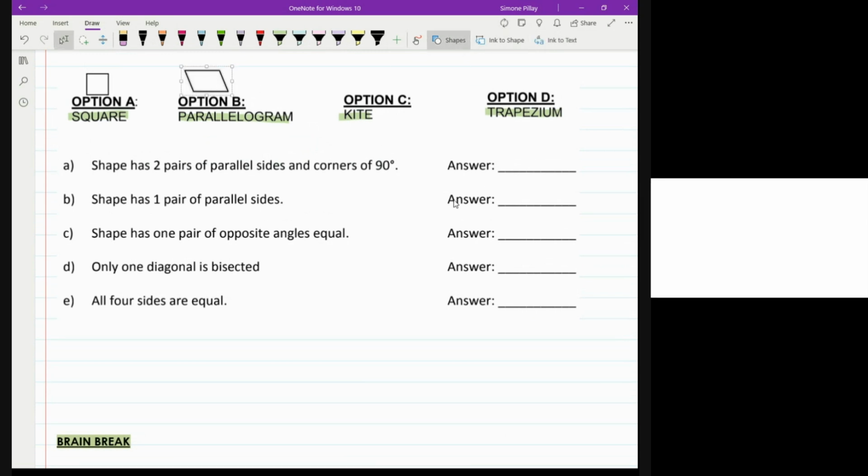This is more a diamond right now, but it's fine. This is a kite. And then we have a trapezium, which they don't have a shape for, so we'll have to rely on my drawing skills.